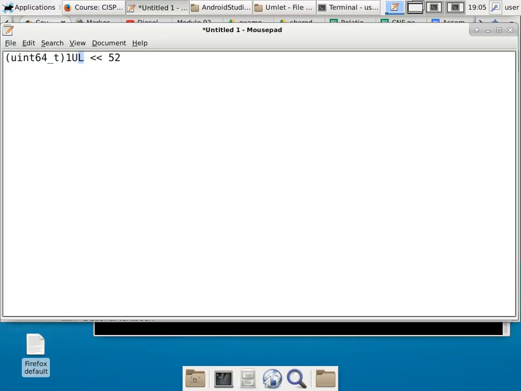I don't want you guys to have to mess around with that. So just use this notation. That guarantees that the first operand, or the left side of the shift operator in this case, is seen as an unsigned 64-bit integer. Okay, but thank you for bringing up that point because that can bite somebody. Okay, so that's a good one.